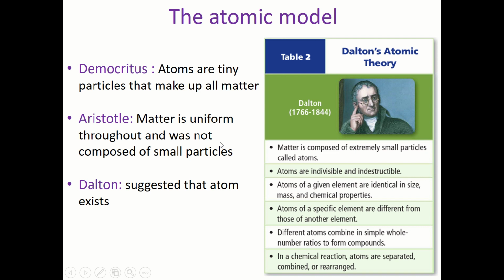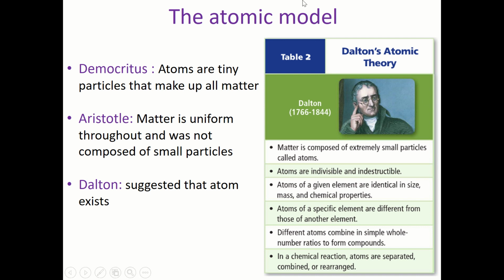If you get any substance and you start dividing it into smaller and smaller particles, you will just end up with smaller pieces, but you will never reach something like an atom, a nucleus, electrons or protons and so on.